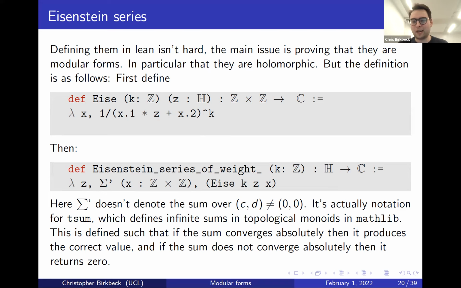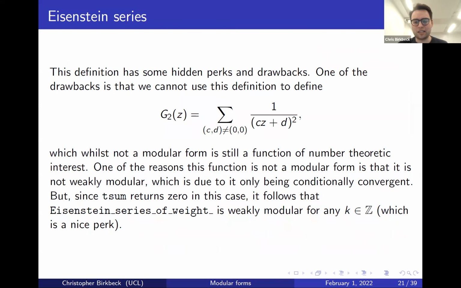And this definition has some perks, but also some drawbacks. If I were to plug in the number 2 for my weight, then this is still an interesting function mathematically. It's not a modular form, because it doesn't converge absolutely. You can check that it doesn't transform properly.